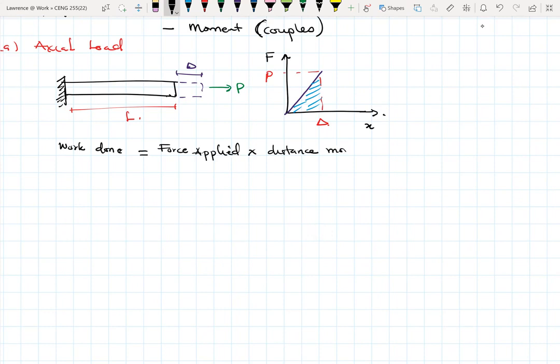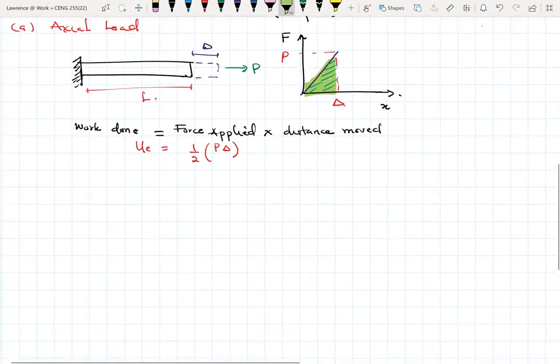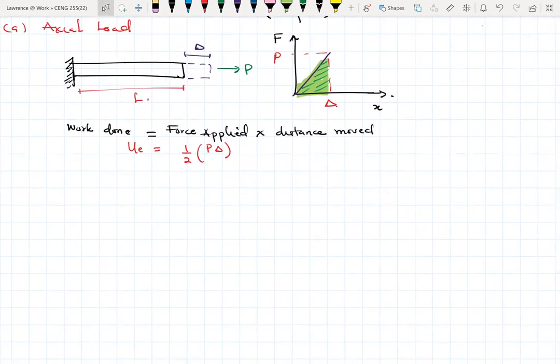That's the general equation. So it's again the area under this curve. In that case, UE, the external work done, will be half of P delta. That is the area of this triangle right here. For now, we are just trying to understand what it means to have external work done. We'll see how we can incorporate these later on in analyzing problems.